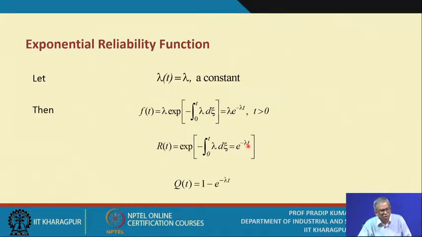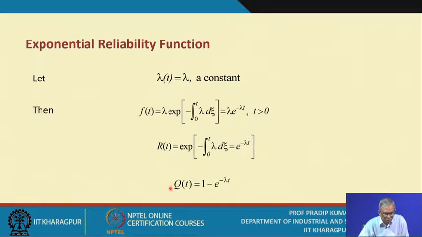So whenever you assume an exponential failure rate, R(t), that means the component or the product will last for t time period, is it okay, that reliability function is e to the power minus lambda t.